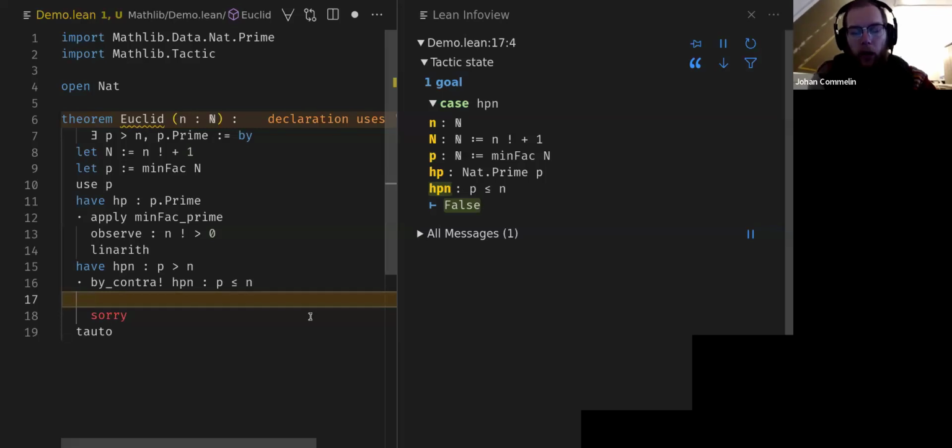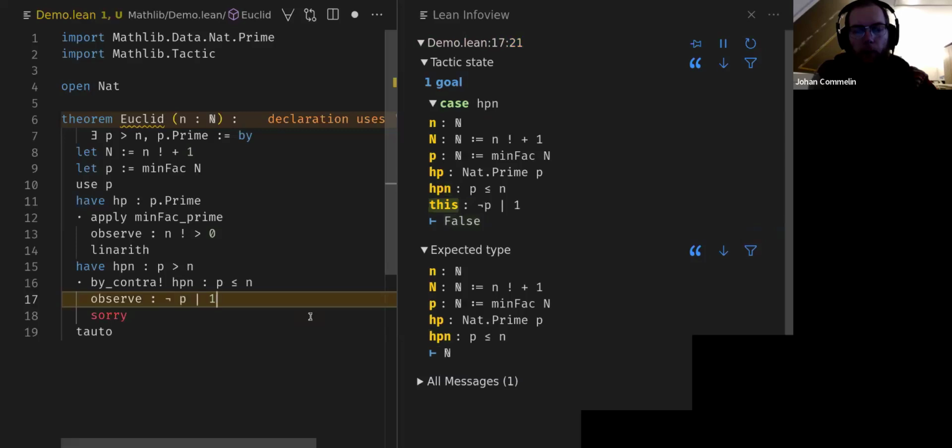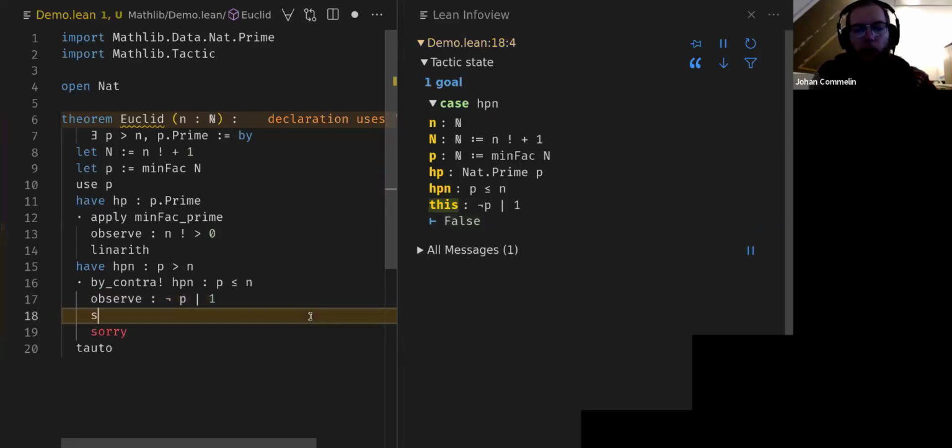So let's do that. So we say, let's start with the observation that P does not divide 1. Okay? And then we say, well, now it suffices to show that P divides 1 by contradiction.